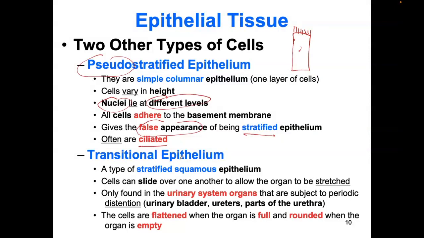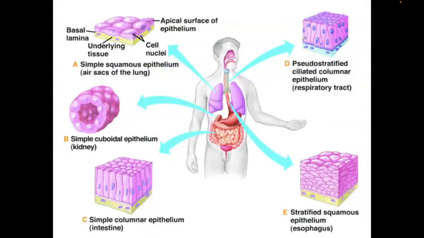And transitional, it is a type of stratified squamous, but depending on whether the organ is full or whether it's empty, it can alter in shape and goes through a transition. So we think anywhere in that urinary tract, urinary bladder, ureters, parts of the urethra, these are all parts of the urinary tract.